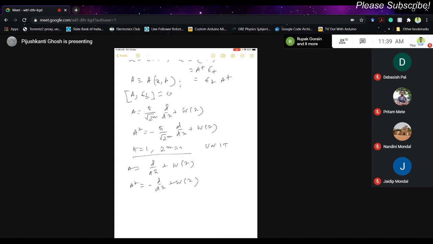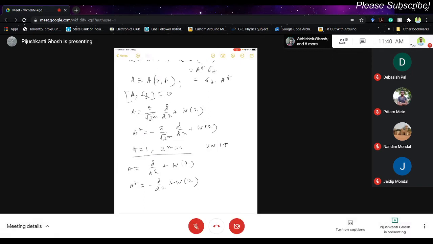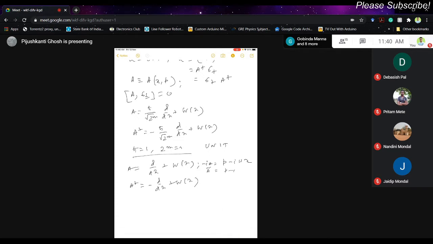For example, if you multiply by minus i, you get p. If you call this your new A tilde, then A tilde dagger is equal to p plus i omega x.